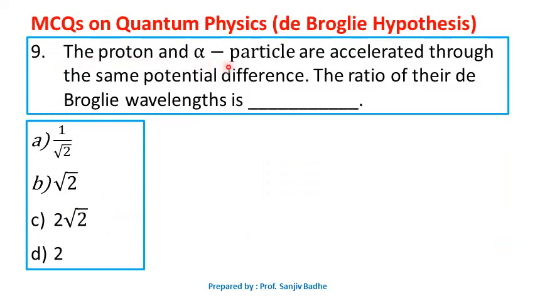The proton and alpha particle are accelerated through the same potential difference. The ratio of their de-Broglie wavelengths is, options given are 1 by root 2, root 2, 2 root 2 and 2. So let us find out which is the correct option.